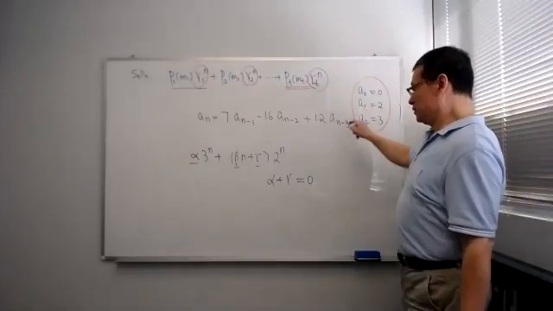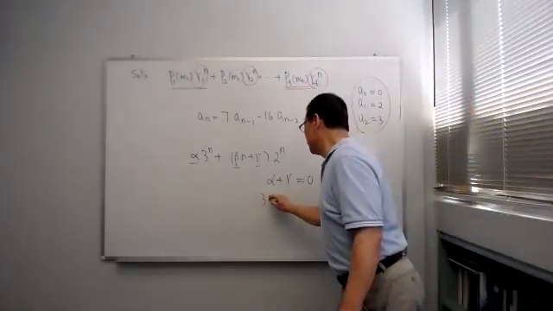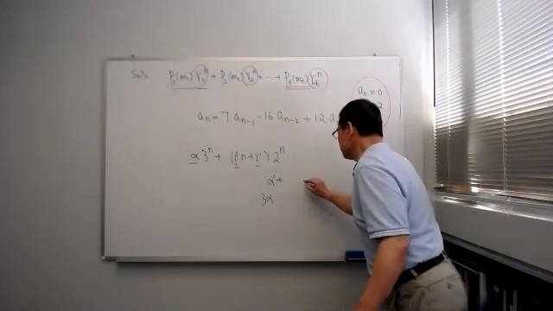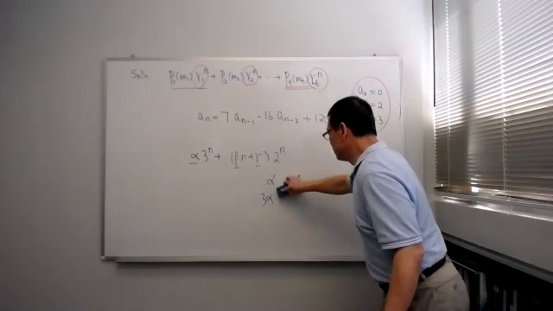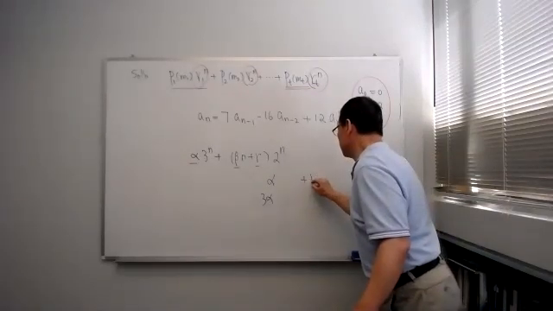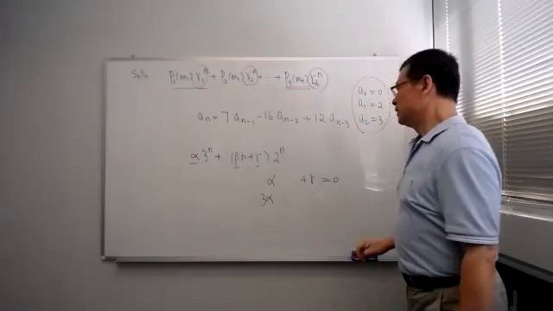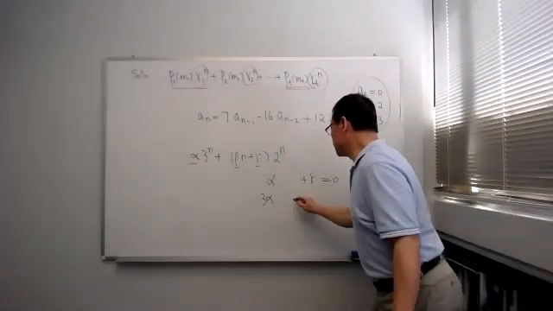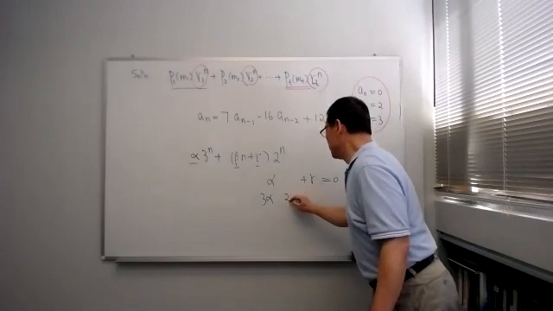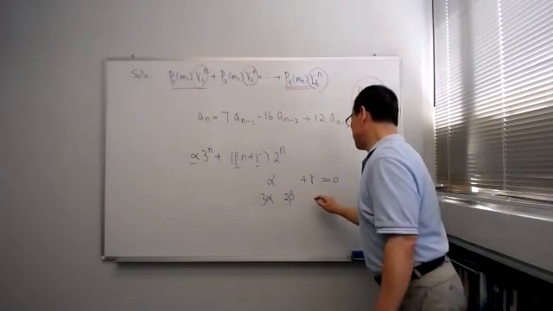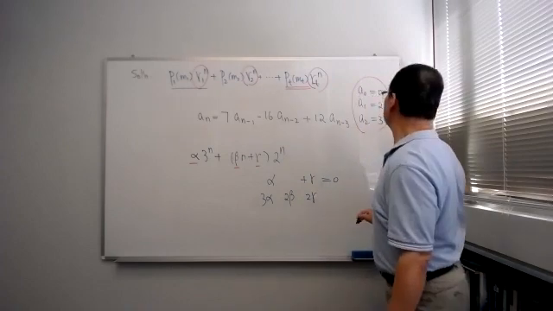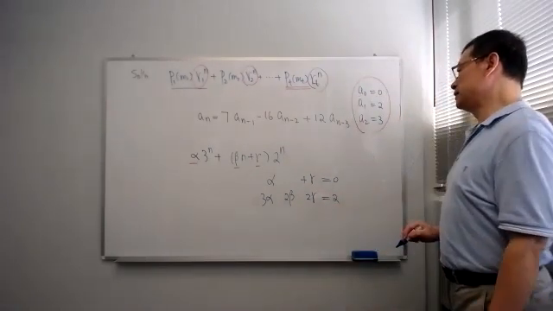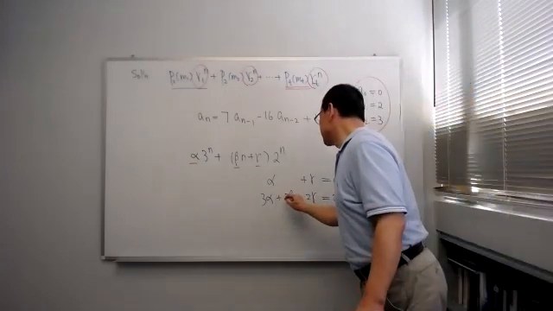For n equals 1, what we get is 3 alpha, then beta, here's 2, so 2 beta, 2 gamma equals 2, when it's equal to 1, right? So here plus.